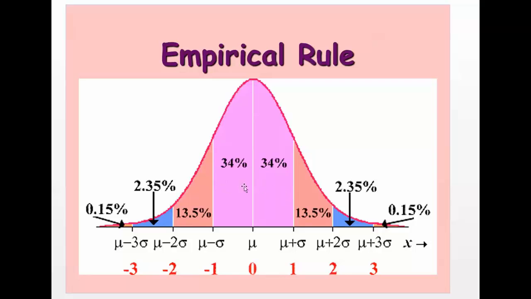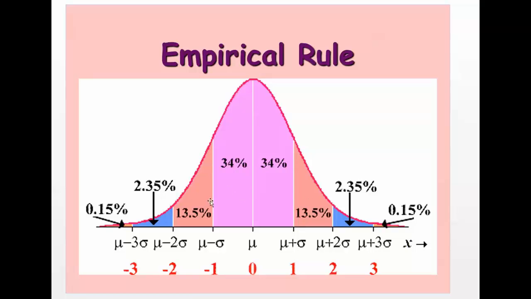So in the middle, if I go one standard deviation away from the mean, we said 68% of the data should be within those values. So if I chop that up using symmetry, I get 34% on one side and 34% on the other. Then we had 95% for the other part.